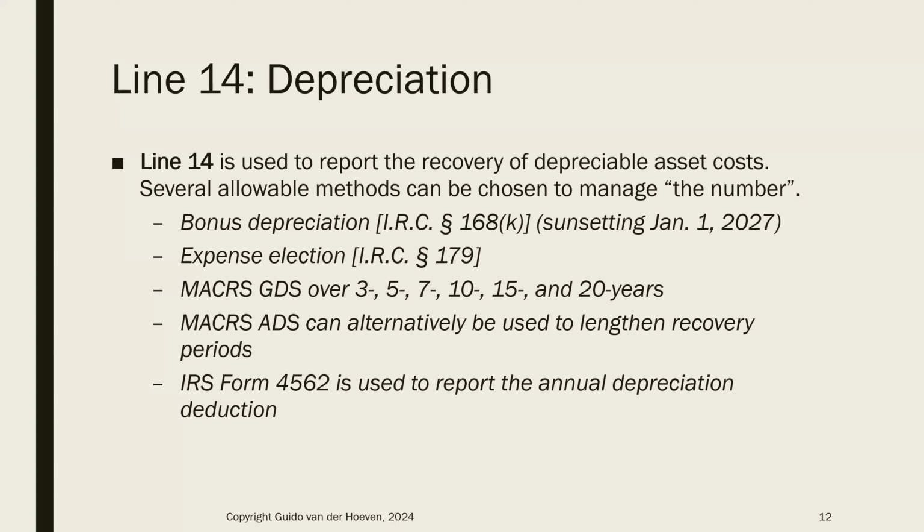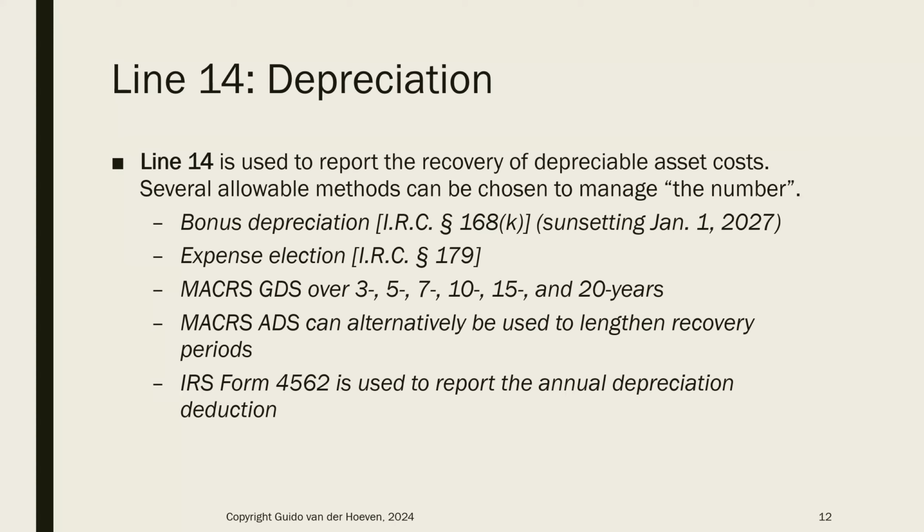A 5-year asset is going to be new agricultural equipment, dairy cows, or beef cows, goats, sheep.